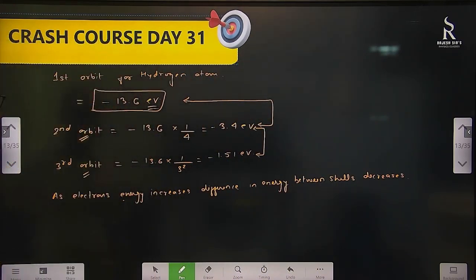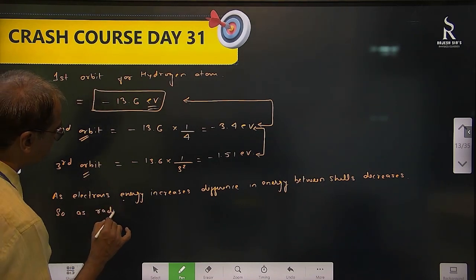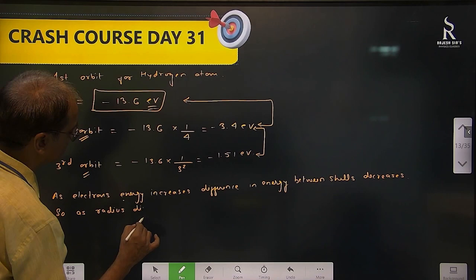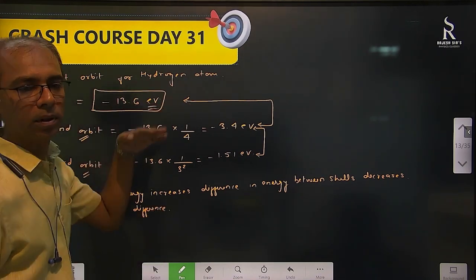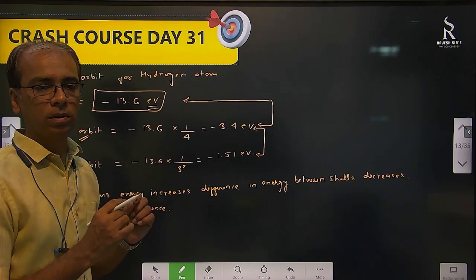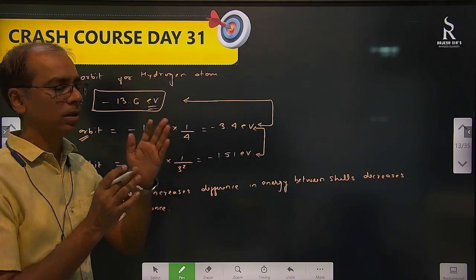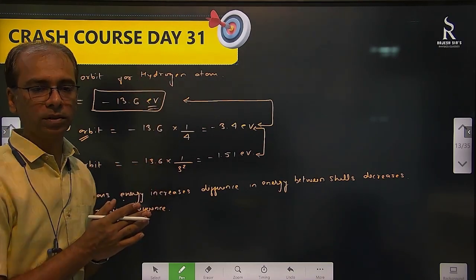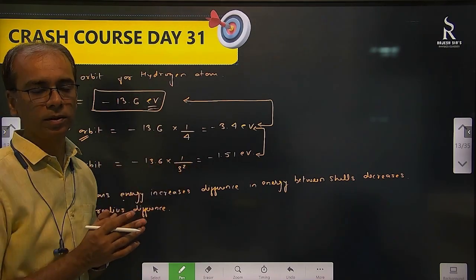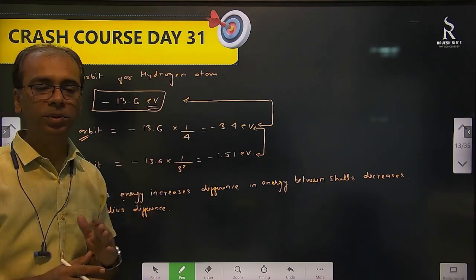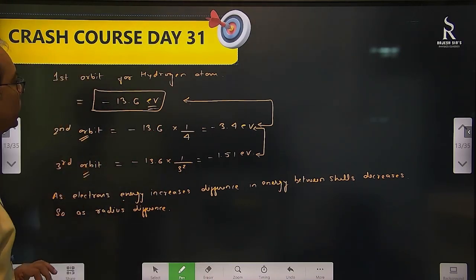As you are going up, the difference in radius also keeps decreasing. That means at higher energy orbits, the shells will be very close to each other, whereas in lower energy orbits, shells will be separated. You can see them clearly, but in higher energy orbits, they will be very close to each other. Okay, so this is the energy thing.